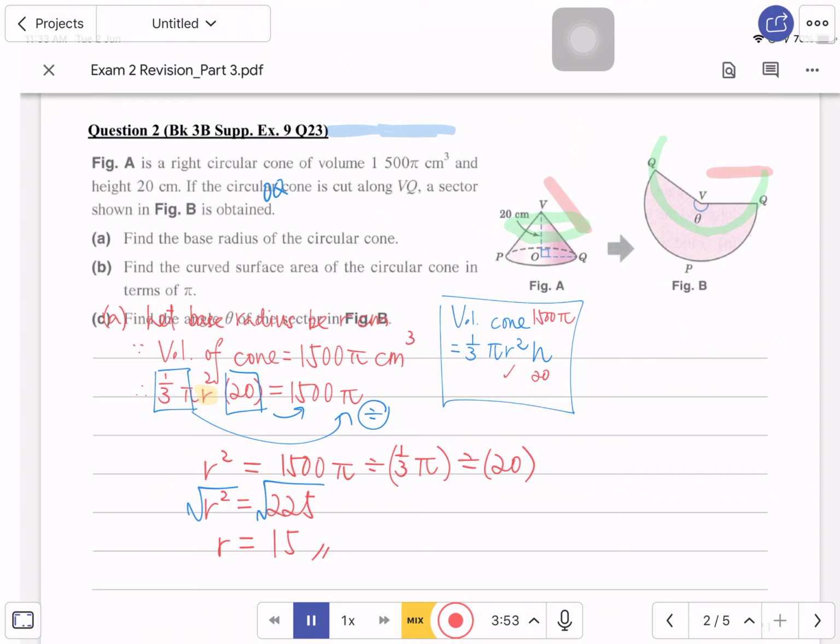For part B, we want to find the curved surface area of the circular cone. For the curved surface area of a circular cone, the formula is pi times the base radius r times the slant height L, which actually is the VQ.